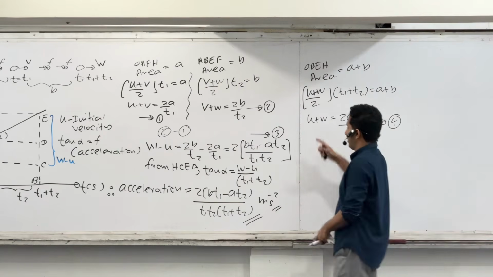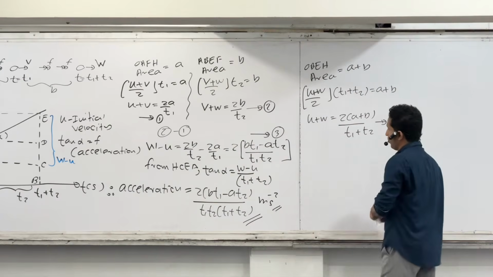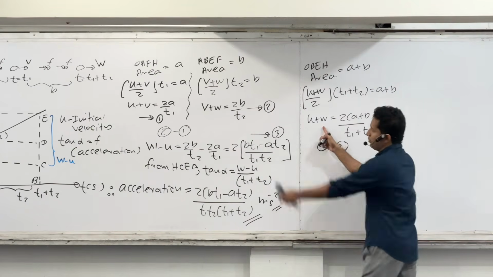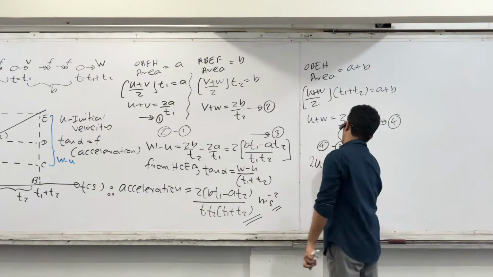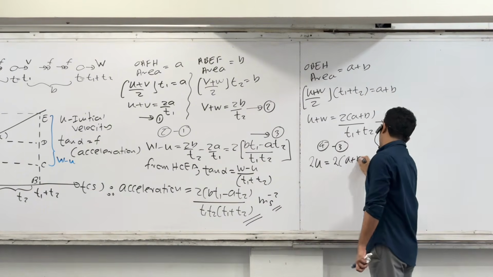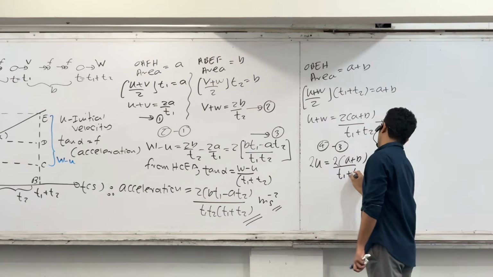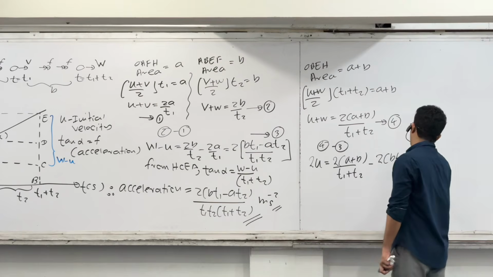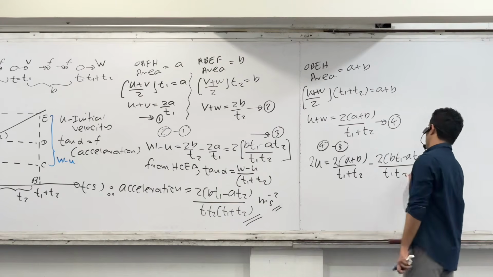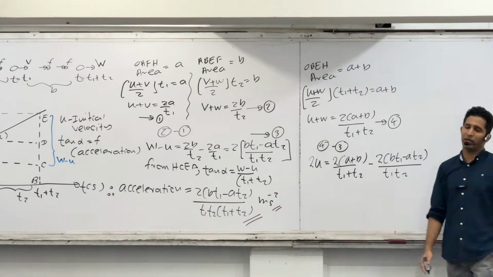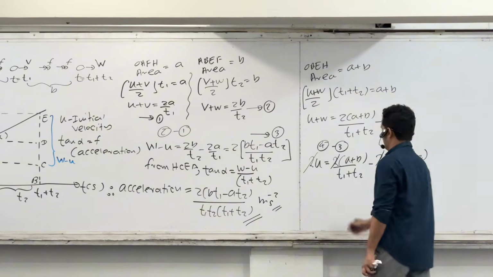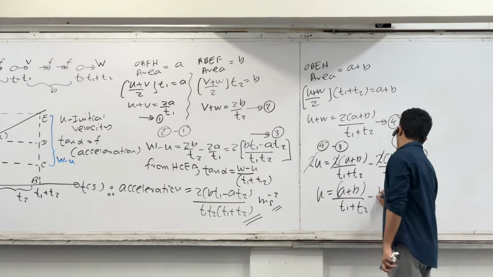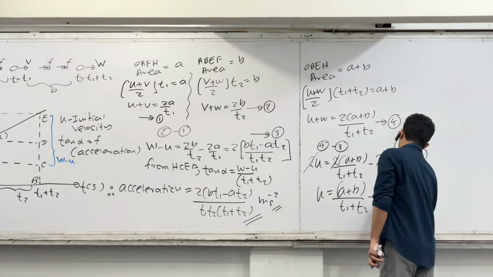I subtract equation 3 from equation 4, right? 4 minus 3 gives U plus W minus W plus U, that comes 2U. 2U equal 2 times A plus B divided by T1 plus T2 minus this one, which is 2 times BT1 minus AT2 divided by T1 T2. 2 and 2 cancel, then U equal A plus B over T1 plus T2 minus BT1 minus AT2 over T1 T2.